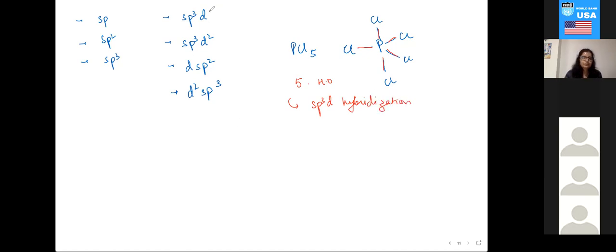Okay. So based on that, can you tell me what is the shape of sp3d? You just have to figure out the shape of phosphorus pentachloride. Trigonal bipyramidal. Yes. So you have a trigonal triangle in the same plane in the center, and 2 pyramids, up and down, so bipyramidal.